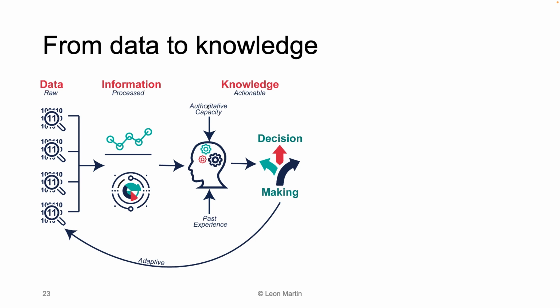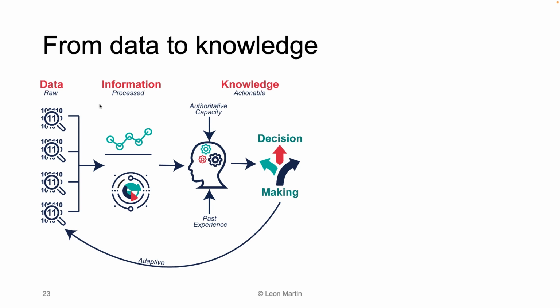And we need an authoritative capacity, a set of rules we can base our decision making on. And this knowledge is then actionable. We can infer new links, we can infer new knowledge based on past experience and the processed information we gathered from new data sets.